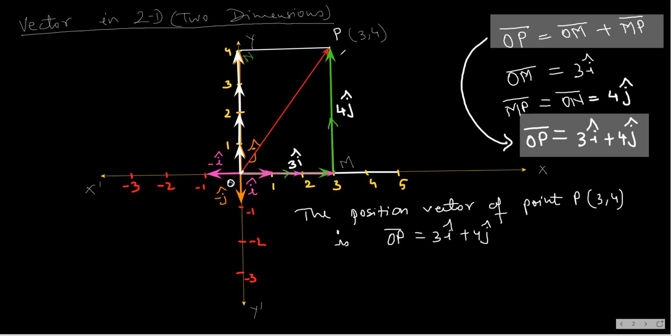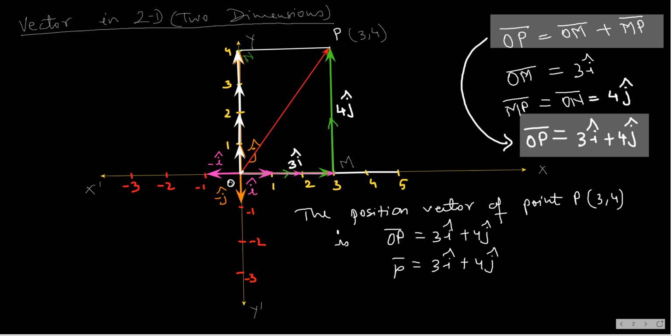Now when you have the coordinates, you don't have to do all this. You simply write the x coordinate multiplied with i cap plus the y coordinate multiplied with j cap. So this is P bar equals 3 i cap plus 4 j cap.